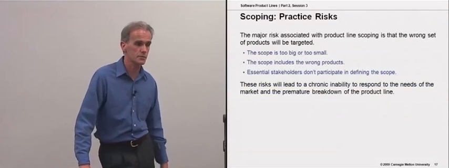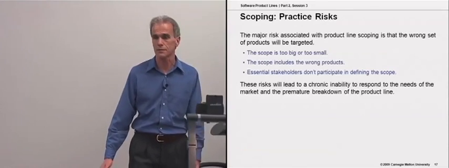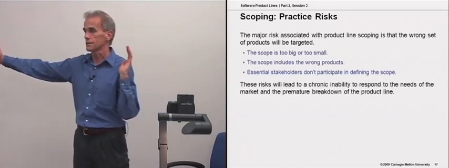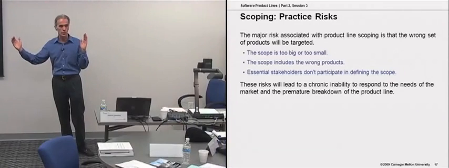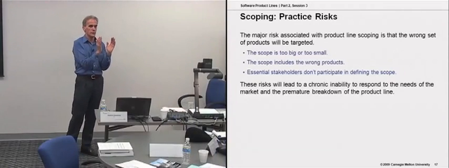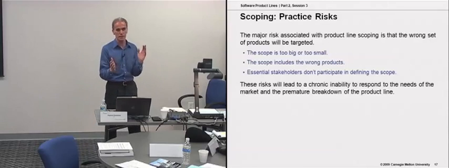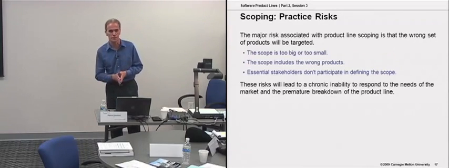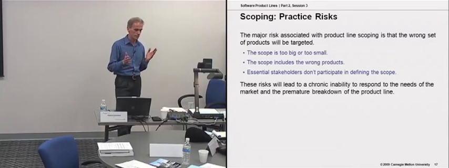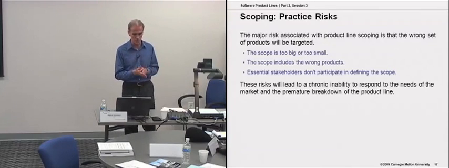The biggest risk in scoping is either the scope is so big that you can't possibly tackle it with the resources you have, or it's so small that you'll never make any money on it because of the investment you've had to make in setting up the core asset base. Simply selling one or two products isn't enough to recover your initial startup costs.